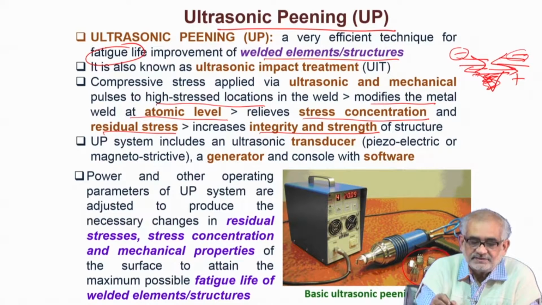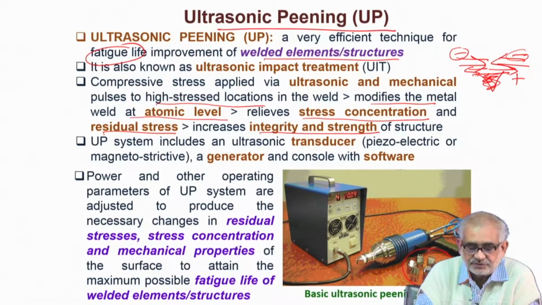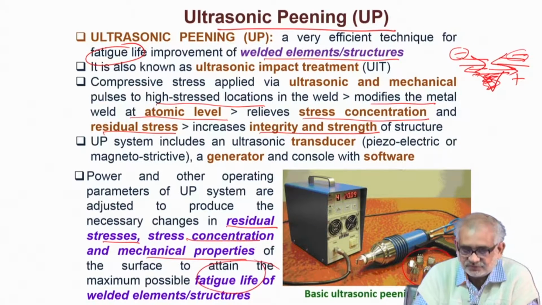This is quite possible in a localized region using such ultrasonic peening. So the way we adjust or optimize the parameters, we can produce necessary changes in terms of the residual stress, stress concentration, and other mechanical properties, and in the process improve the fatigue life.